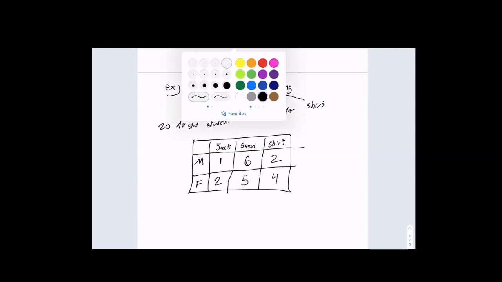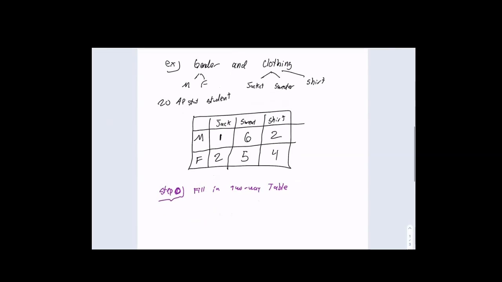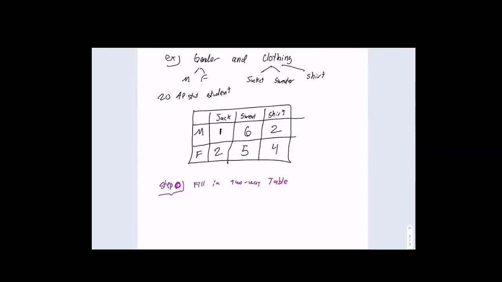Now, step 1, or I'll call it step 0, is to fill in the two-way table. Now, I say this is step 0 because in today's problems, it's already given. All right, so you don't have to fill in a two-way table because it's already there.